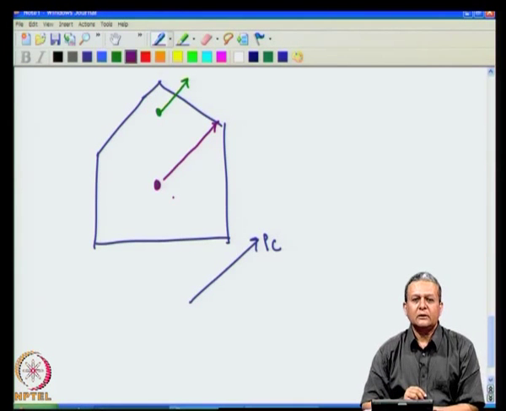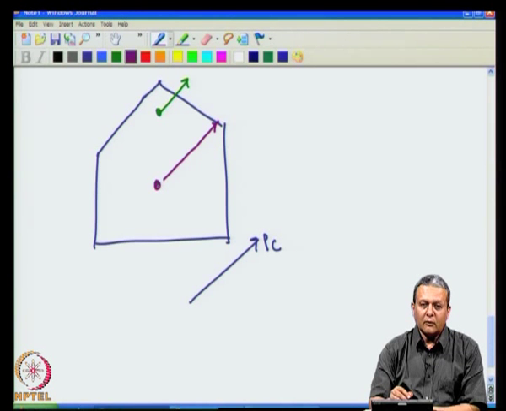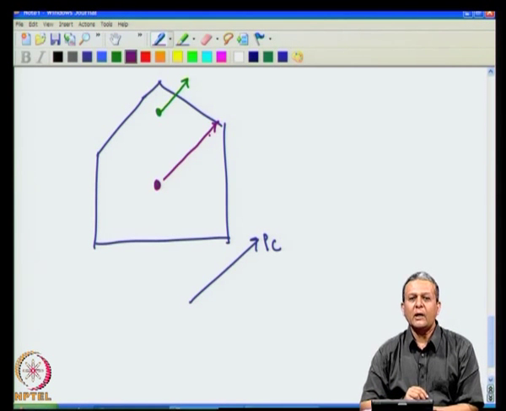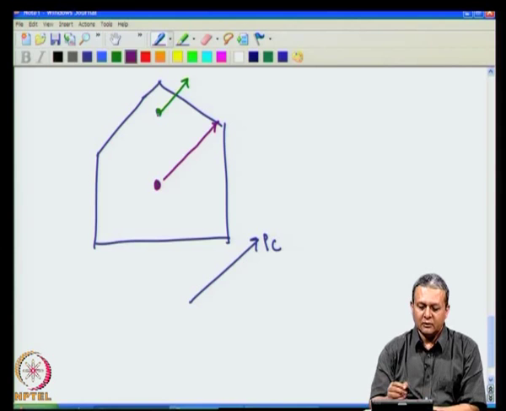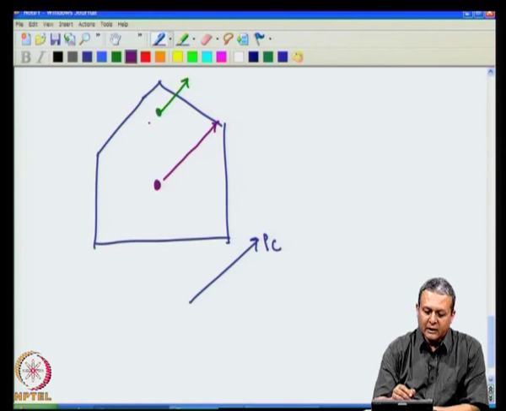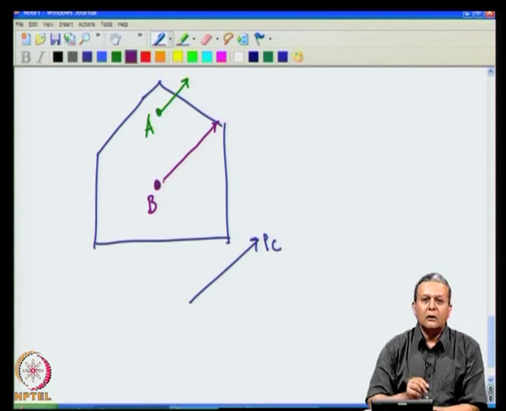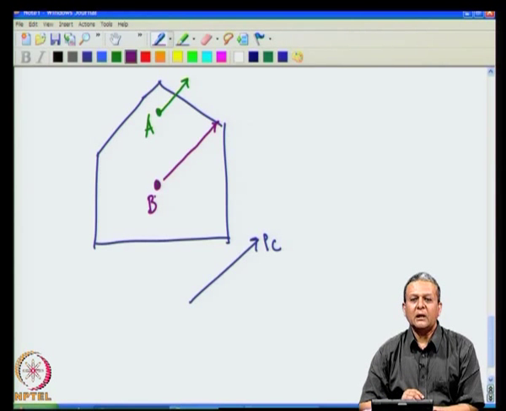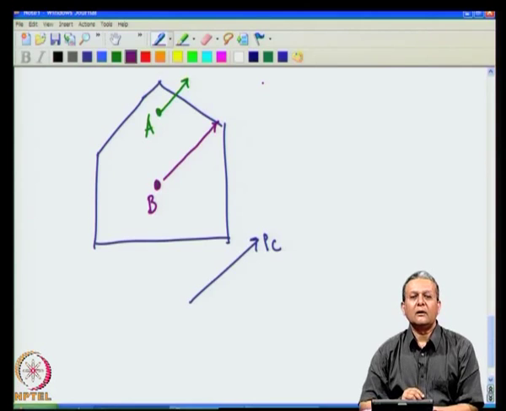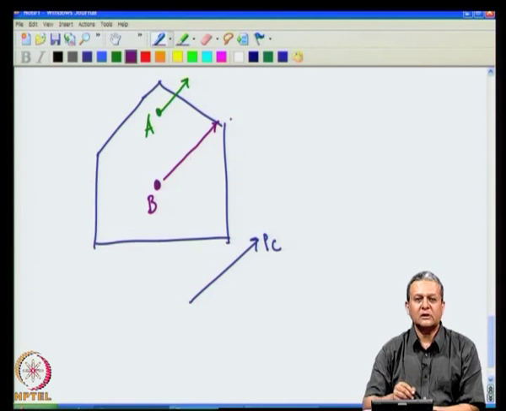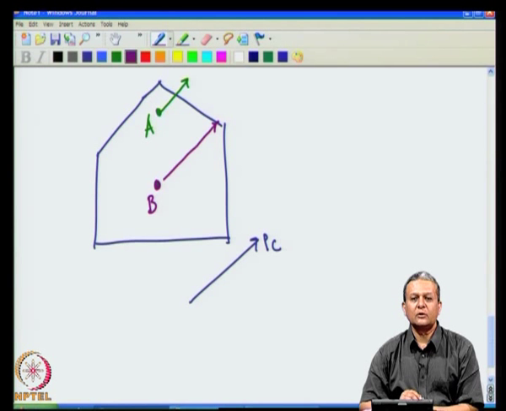Between these 2 points, you would see that there could be a significant improvement in the objective function if we move along the direction PC from one compared to the other. Let us call this point A and this point B. As far as making a considerable improvement in the objective function is concerned, B seems to be a better choice than A, because from B a significant step can be taken, so that the objective function improves reasonably.